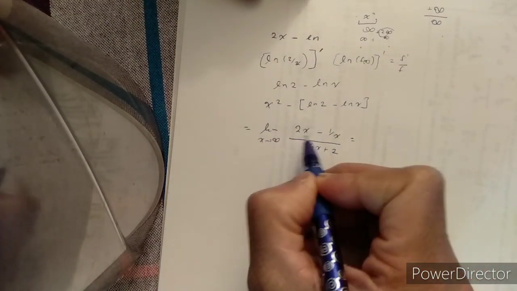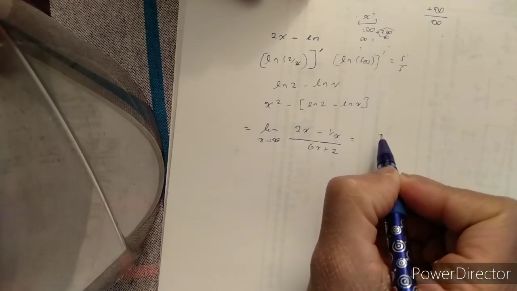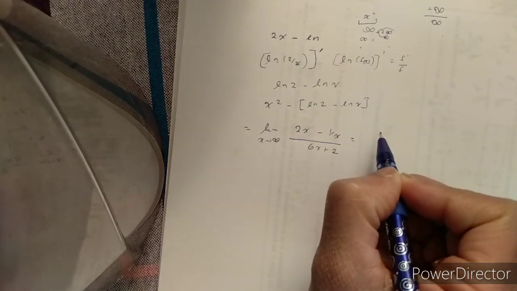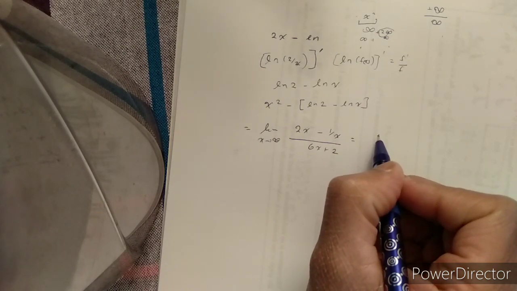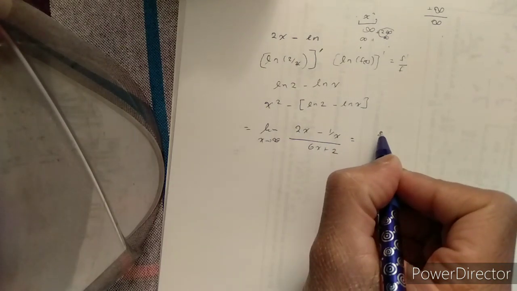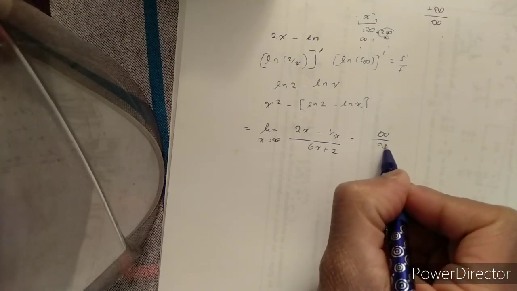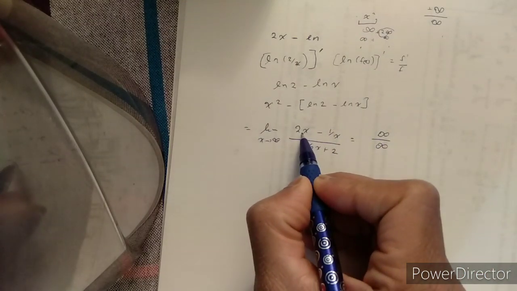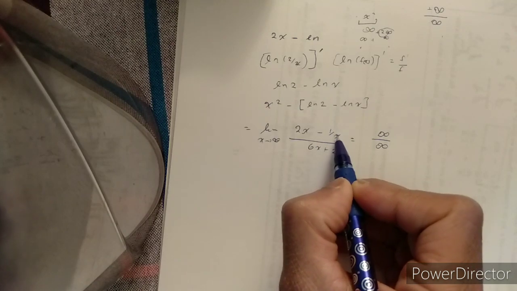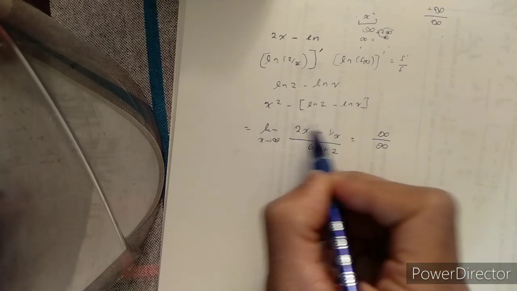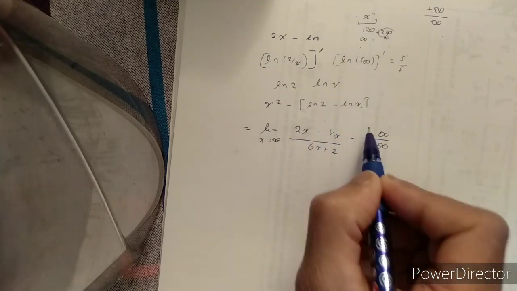Now, for the second stage, if you try direct substitution, you will again get infinity in the numerator and infinity in the denominator. This becomes infinity, and this becomes 1 over infinity, which is 0, and then altogether it will be positive infinity.